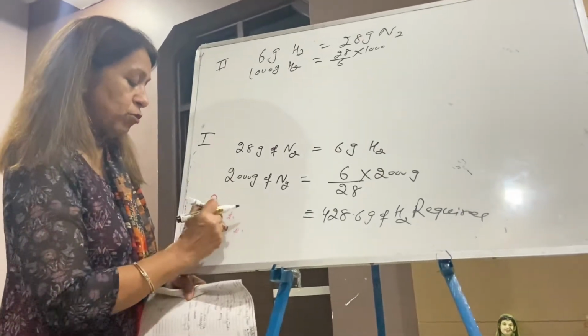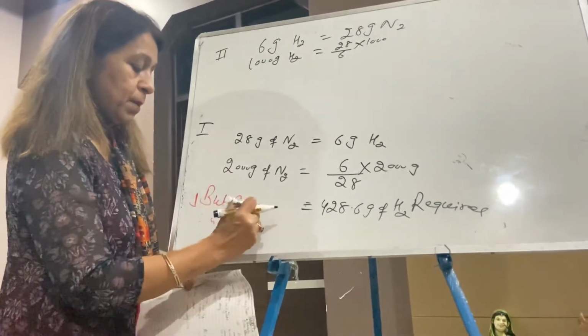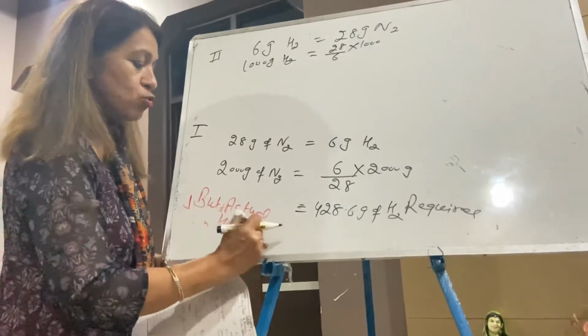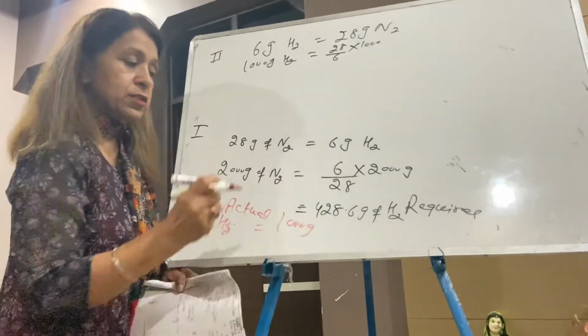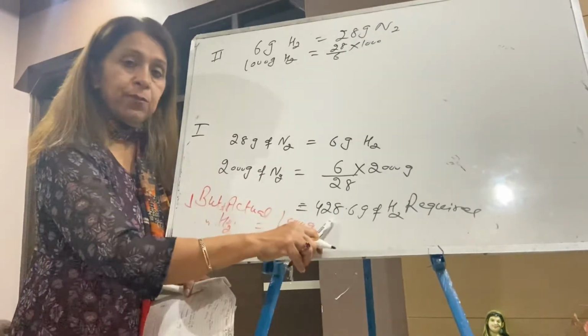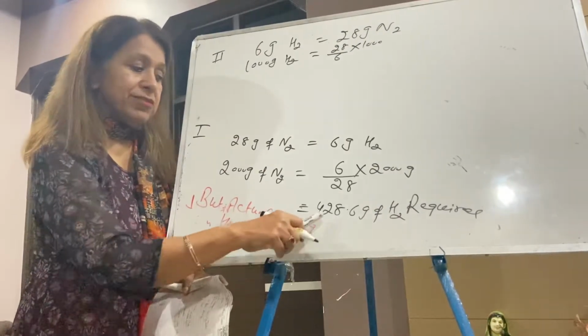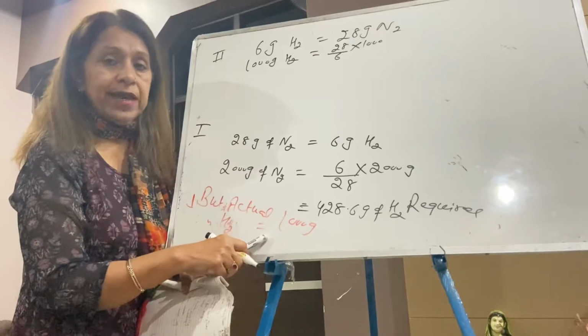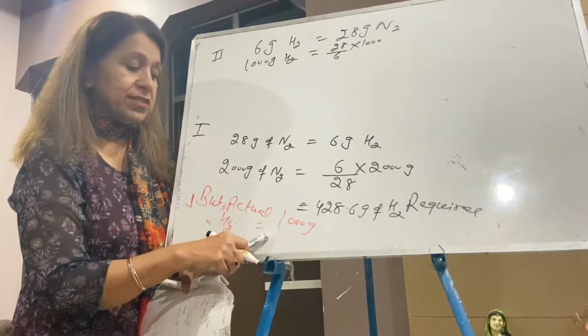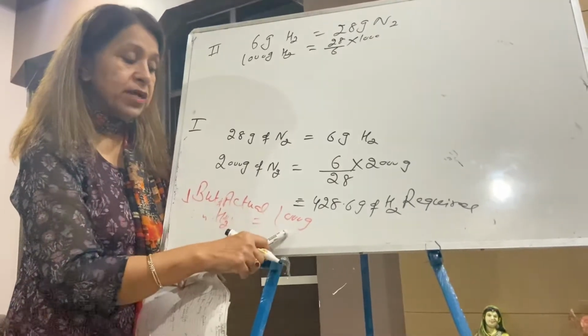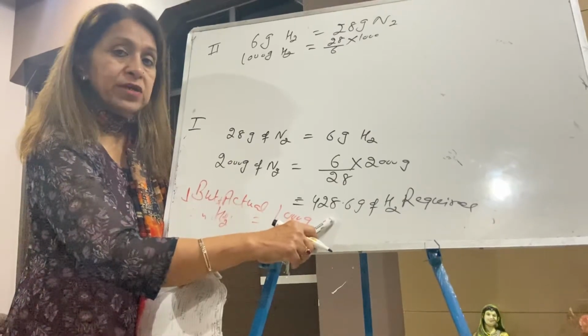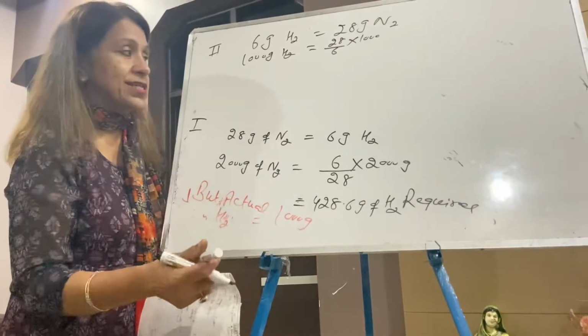The actual hydrogen given is 1000 gram. This means you need 428.6 and the hydrogen amount given is 1000 gram. This means hydrogen is the excess reactant. You subtract 1000 minus 428.6 to get the excess reactant.